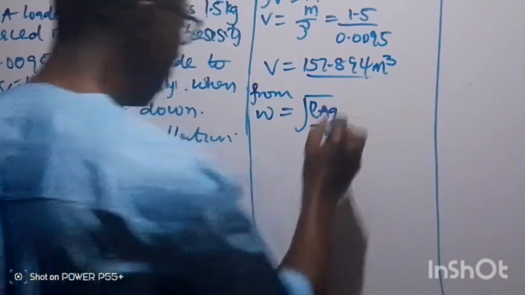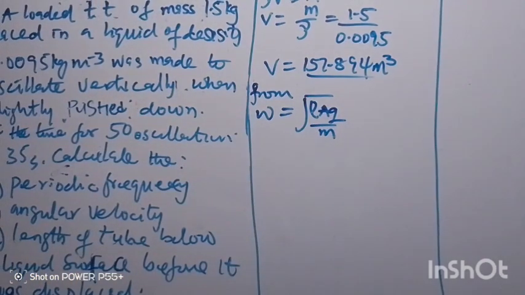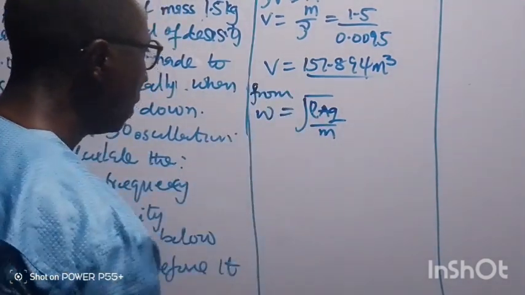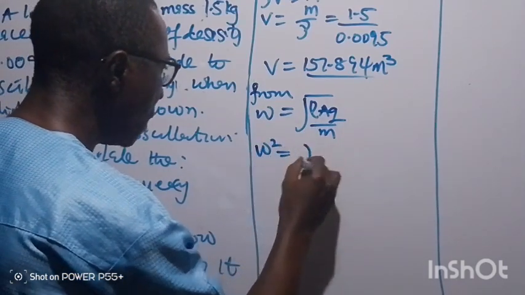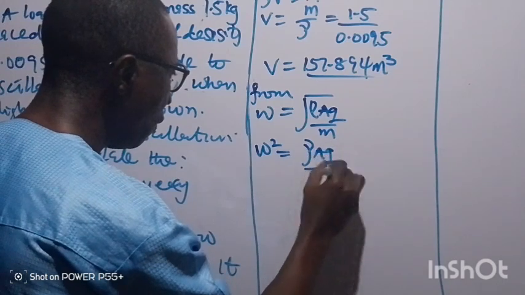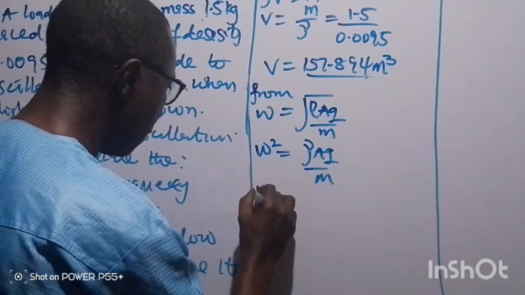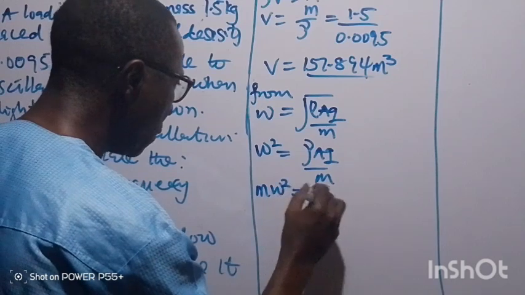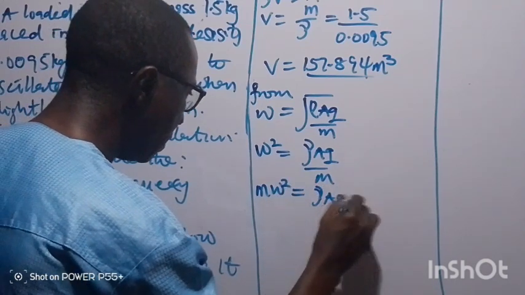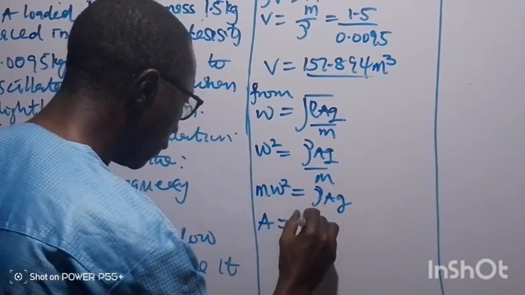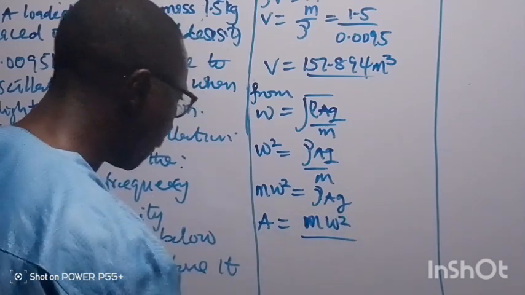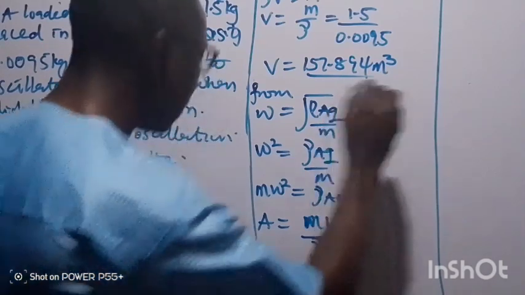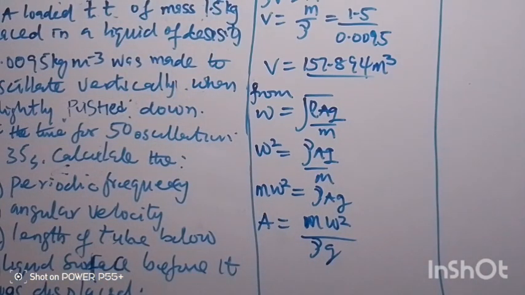Taking the square of both sides, we are going to have omega square equal to density AG over M. This one will now give us M omega square equal to density AG. So A now will be equal to M omega square over density multiplied by G. And the mass that was given is 1.5.